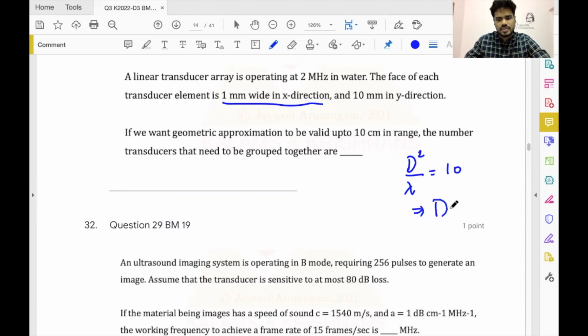I remember from yesterday's class, it's roughly 8.6 mm. Based on that, we need at least 9 transducers, so that the combination of all the transducers comes to at least 8.6.